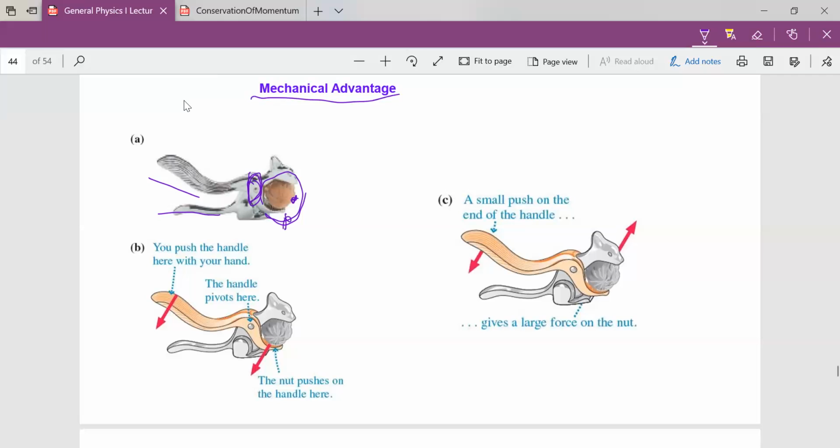cracking of that nut. Okay, so the handle is designed with the understanding of static equilibrium, that the forces acting in one direction, downward or sideways, will be equal for that object to be static.